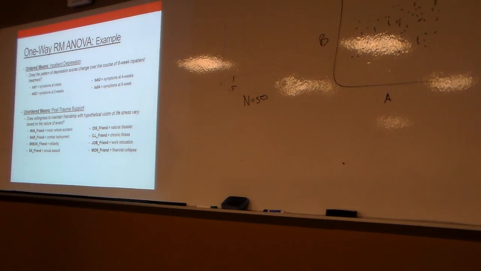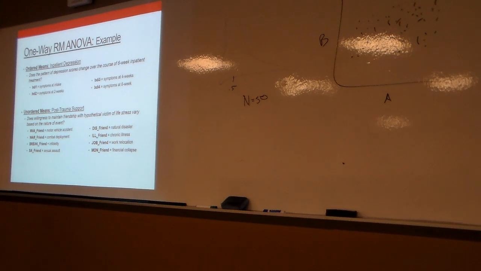Here, in this second study, what we did is we collected data on willingness to maintain friendship with a hypothetical victim of some sort of life stressor, whether we see differences based on the nature of the event, right?